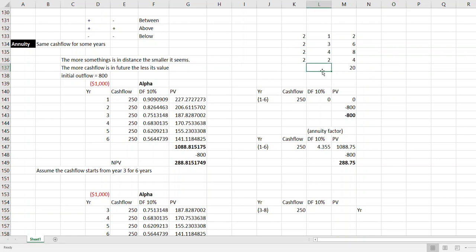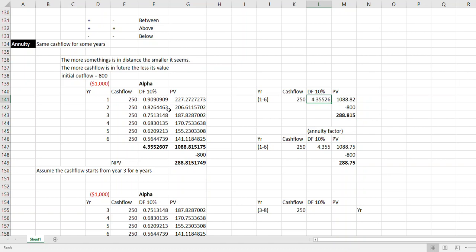Now why don't I add this part and take 2, which is the same cash flow every year, multiply by this 10. It gives me the exact same thing. So when you have the same cash flow every year, there is a trick that when you add the discount factors of all years like this, multiplied once by 250, it should give you the exact same answer.